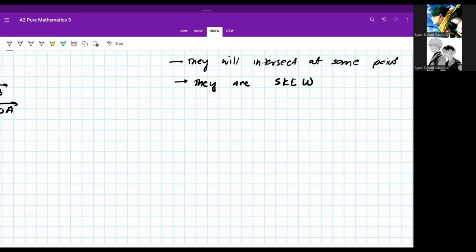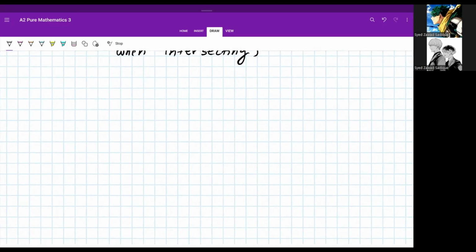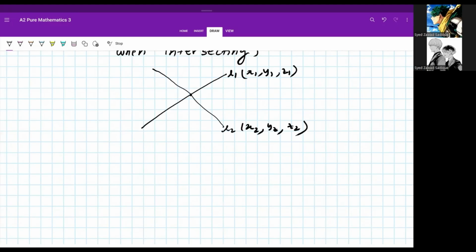Now what's the difference? Very simple. When intersecting, let's say there are two lines. Okay, so this is L1, this is L2. This is x1, y1, z1, x2, y2, z2.